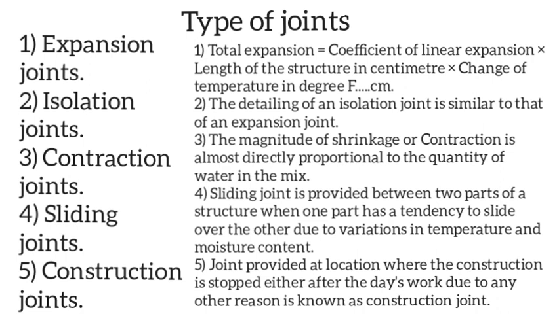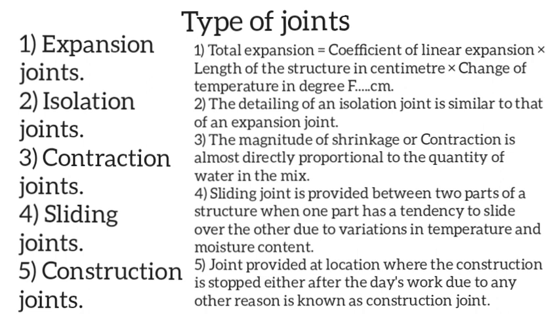This arrangement permits vertical movement of the building parts due to difference in the unit soil pressure without causing any damage to the structure. In a similar manner, if one portion of a building rests on rock and the adjacent part on compressible clay soil, the two parts should be separated by providing an isolation joint.